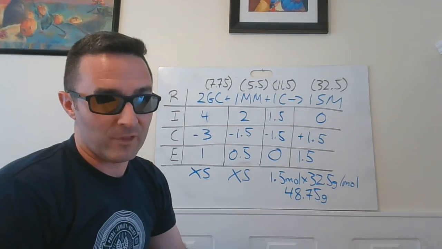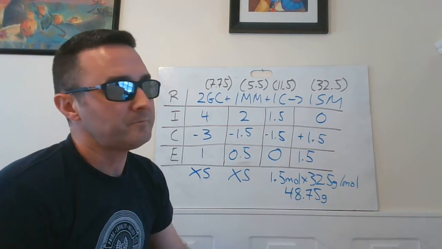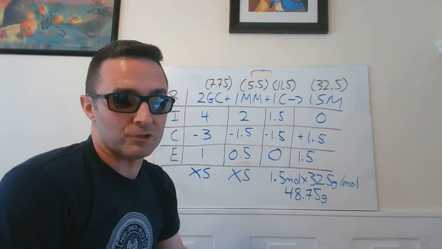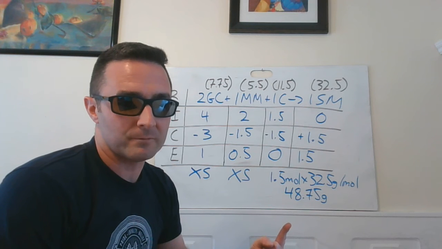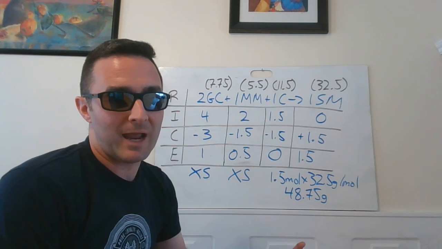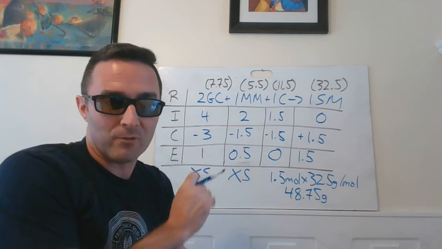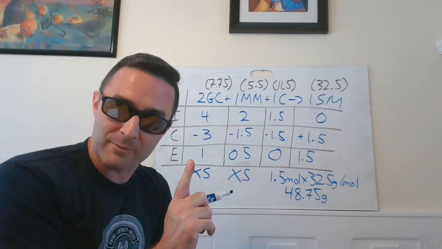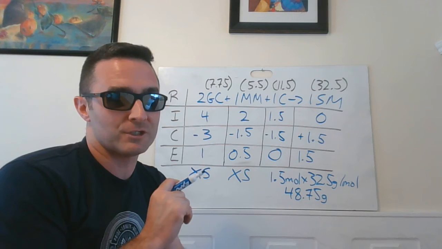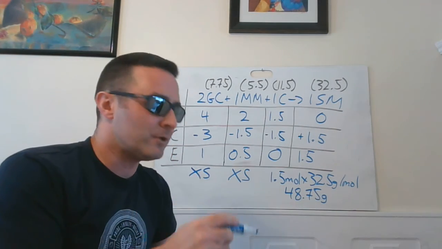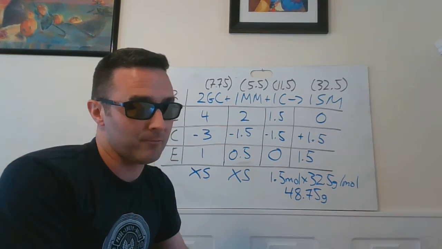It's the same thing. So I'm going to show you 3 examples in the upcoming videos. One of a 1-to-1 reaction, both with the rice table and the math, where you just identify the limiting reagent, set up your rice table, and then do your math only based off that limiting reagent. We'll do one where it's a 1-to-2 reaction, a simpler ratio. And then I'm going to show you one with a more complicated ratio.